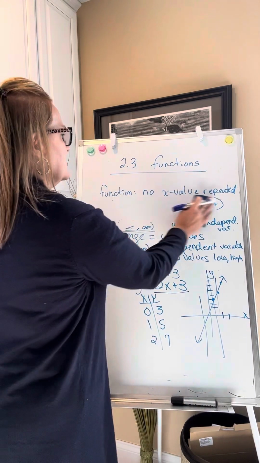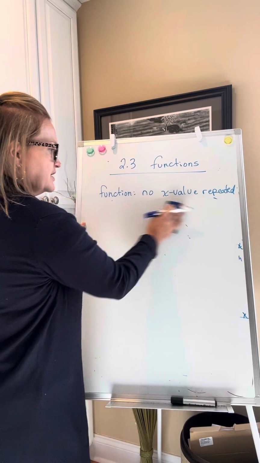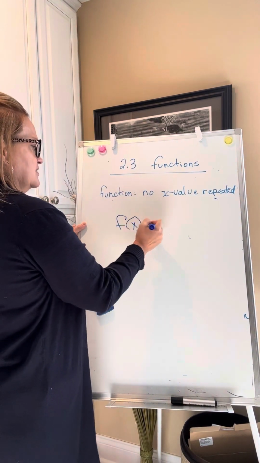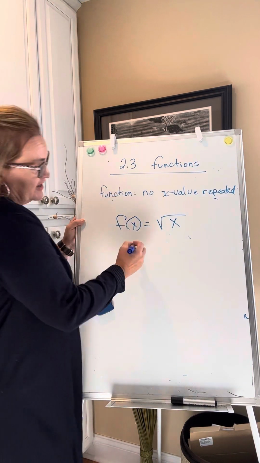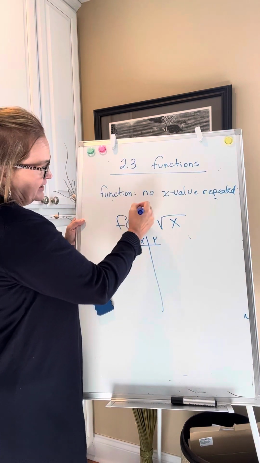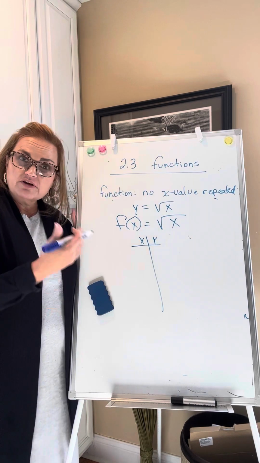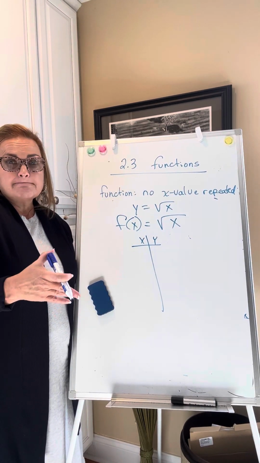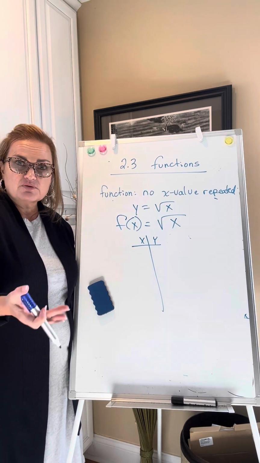All right, so let's think what maybe has a restriction then. For example, let's think about f of x equals the square root of x. This just means y equals the square root of x. What can we plug in for x and get a real answer for y? Now, you can plug in anything for x, but it might be an imaginary number, which would not meet the real requirement.